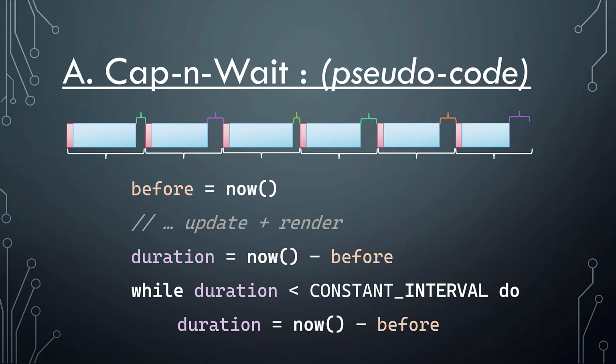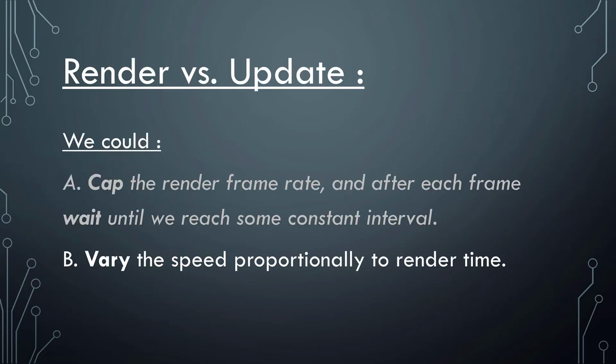As long as the duration is less than our constant interval, we just take a new duration, measuring the current time again and subtracting the same before time, basically growing the duration bit by bit until it matches or passes the constant interval. Okay, so that was one approach to solve the problem.